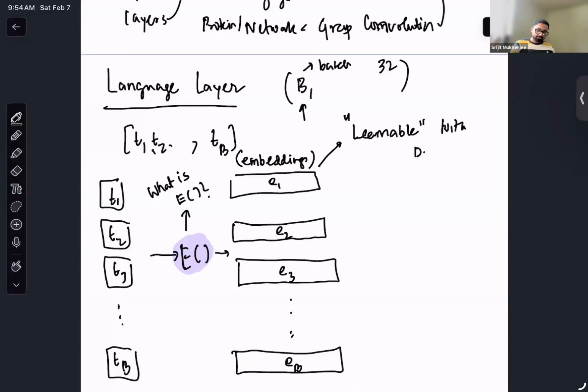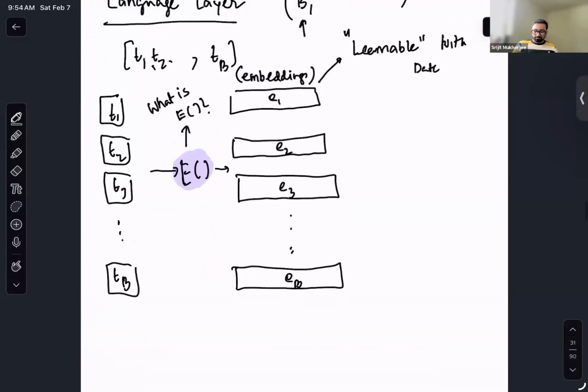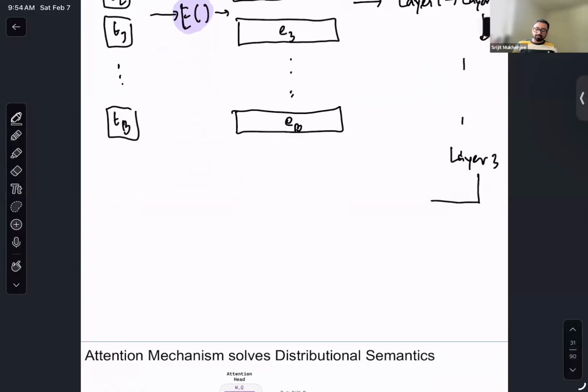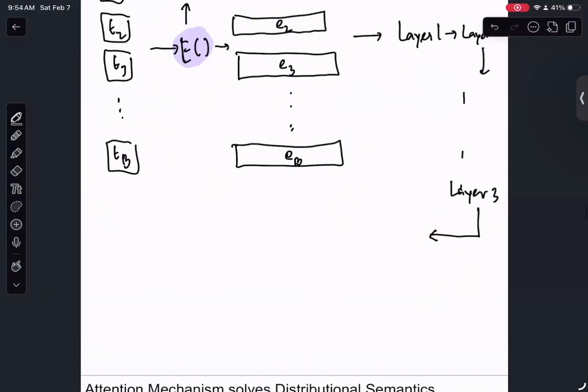Yes. But what happens after that? That's the first step. And then the layers come up. Layer 1, layer 2, layer 3, dot, dot, dot. And what will be the output of the layer? If you're doing language modeling, can someone tell me, what will be the output of the layer? Attention. No. What is the whole idea of language modeling?